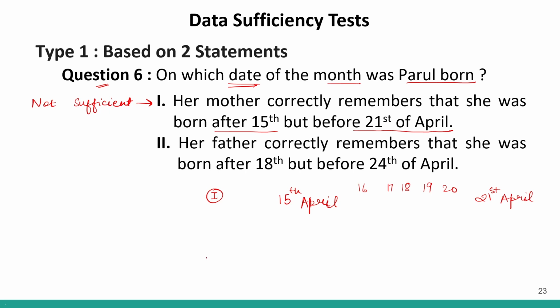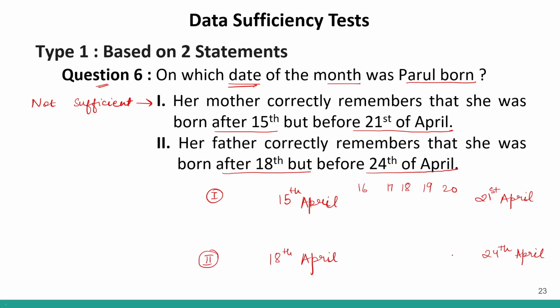Now, looking at statement 2. Statement 2 says that Parul's father correctly remembers that she was born after 18th but before 24th of April. So Parul's father is saying that she was born after 18th April but before 24th April.